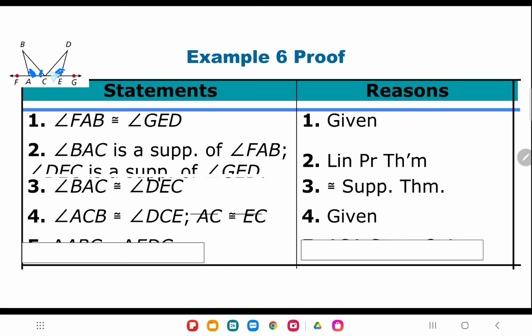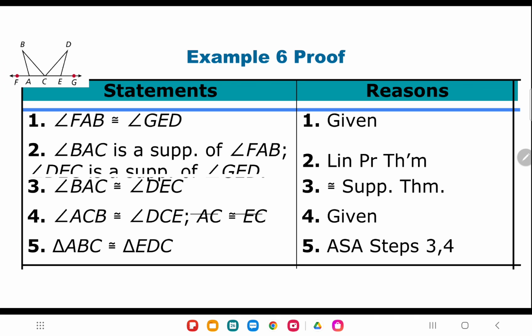I have ACB and ECD, and I have those two sides. So that's going to be angle side angle. And there we are. That's angle side angle through steps 3 and 4. And again, that just helps when you note those steps to see where it's coming from.